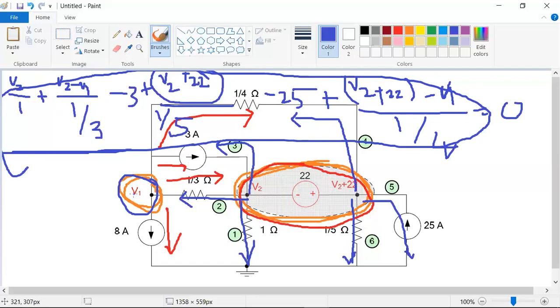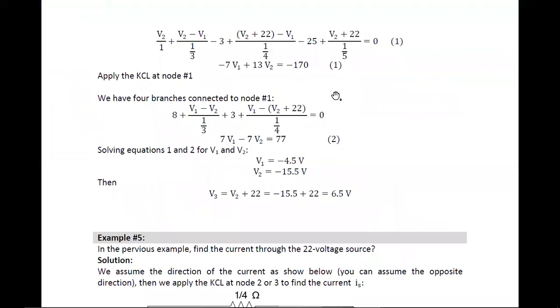In this equation, with reference to V1 also, we have unknown node voltages, V1 and V2. If you solve those unknown node voltages by applying mathematical reduction techniques, then you will get V1 and V2. Please observe this carefully. V1 is minus 4.5, V2 is minus 15.5.